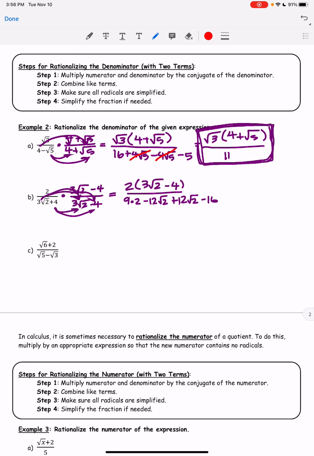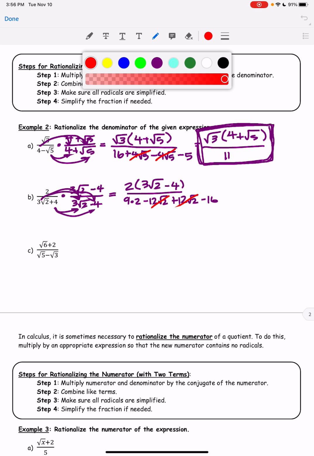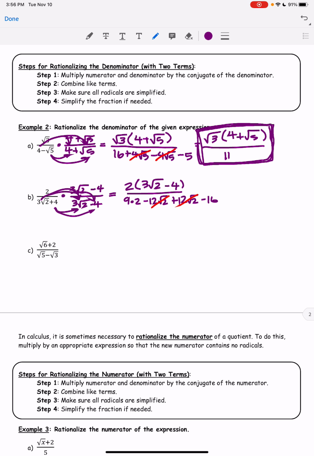Those middle terms are going to cancel. One is a minus, one is a plus, and so now I can combine. 2 times 9 is 18. 18 minus 16 gives me 2. So I've got 2 times 3 square root 2 minus 4 over 2.